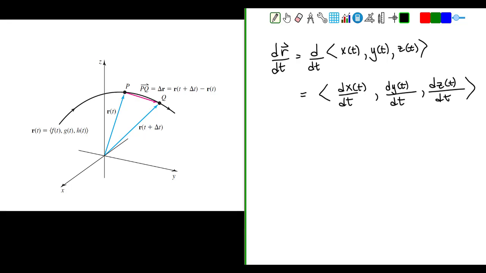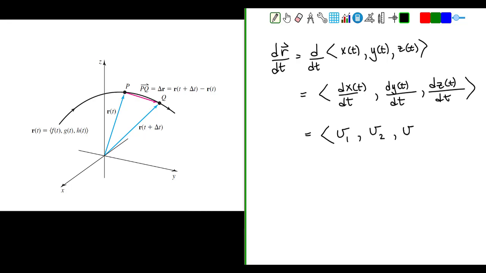Now, you might remember from beginning calculus that the derivative of position with respect to time is called velocity. So the derivative of x with respect to time is velocity in the x direction. I'll indicate that with a subscript 1 for the velocity in the x direction. The velocity in the y direction will be v sub 2.